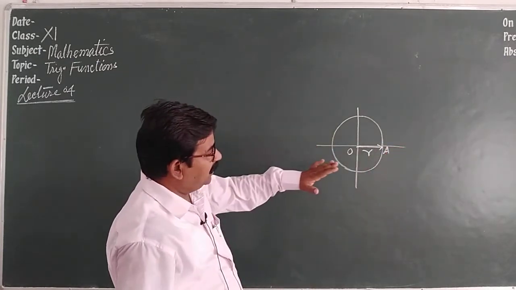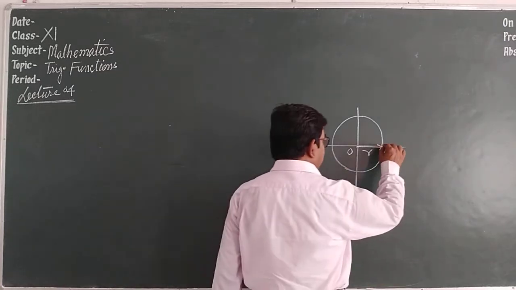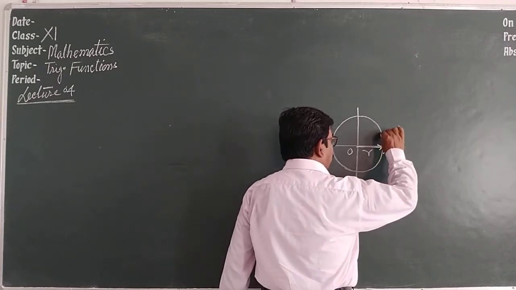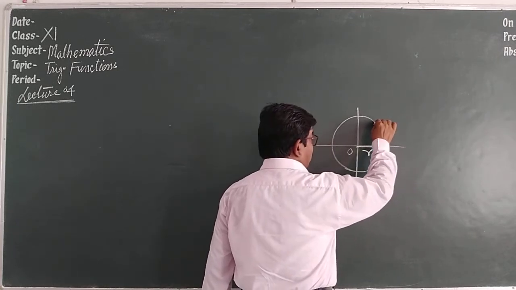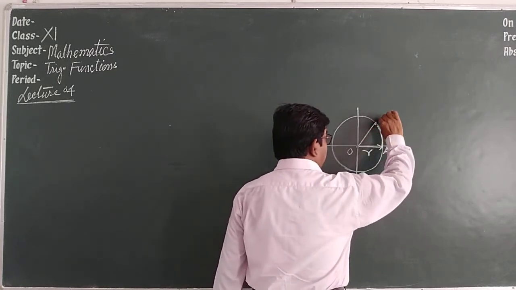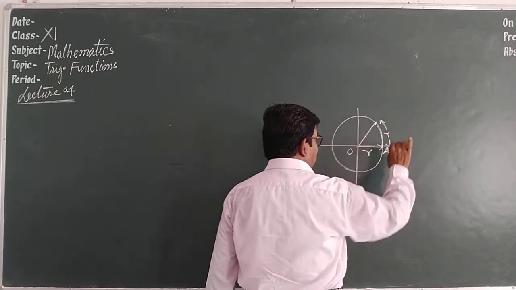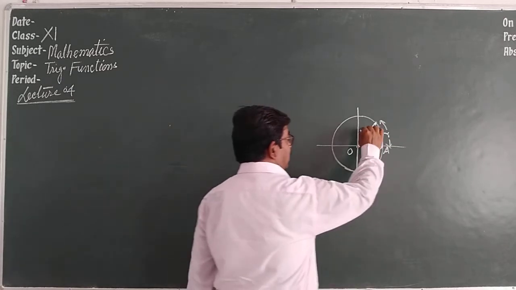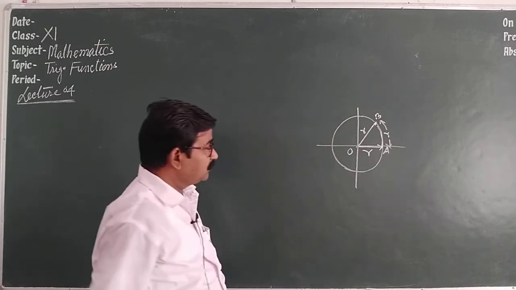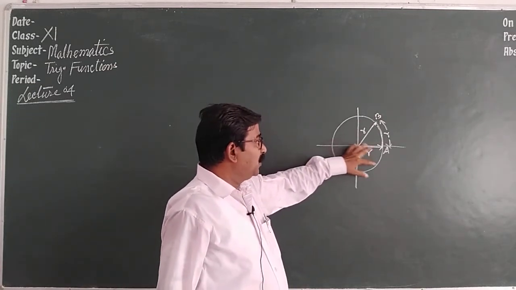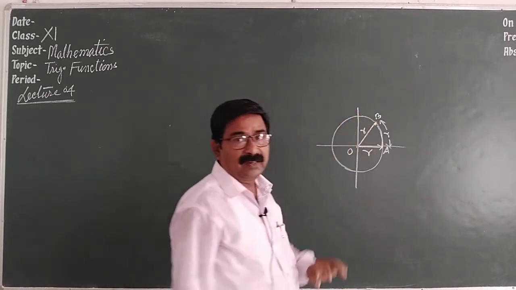When this ray terminates anti-clockwise, a distance on the circle equal to the radius, means the length of arc is r, equal to the radius. This is always the radius, this point is B. Do you see? These two, OA and OB, are radii and AB is an arc.